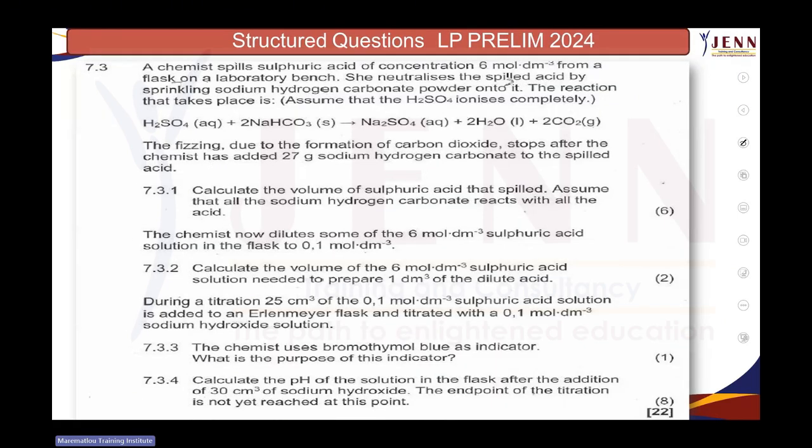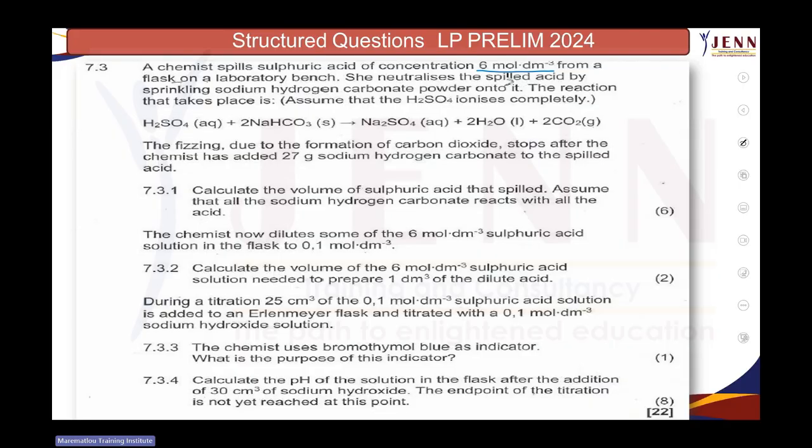We are moving. It says, a chemist spills sulfuric acid of concentration 6 mol per decimeter cubed from a flask on a laboratory bench. She neutralizes the spilled acid by sprinkling sodium hydrogen carbonate powder onto it. The reaction that takes place is, assuming that H2SO4 ionizes completely, there is the balanced equation.